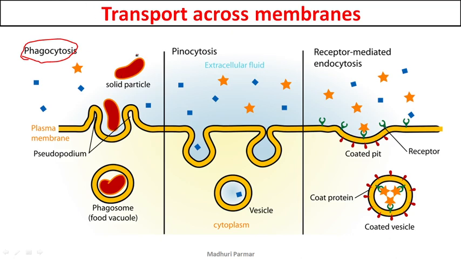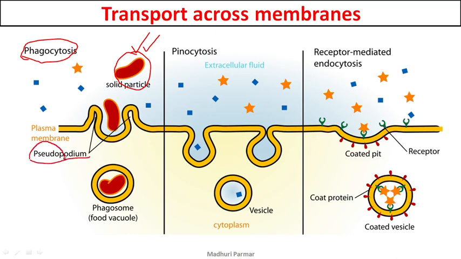It is nothing but when there is a solid particle, a food particle, it could be bacteria, it could be just some food particle, it could be anything, it could be an algae. What happens is your plasma membrane starts to form something called pseudopodia.